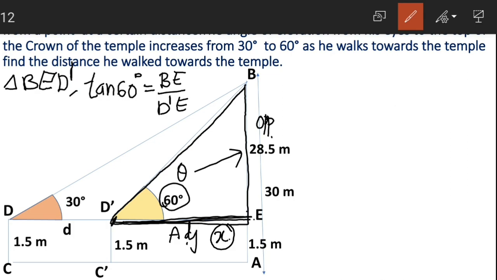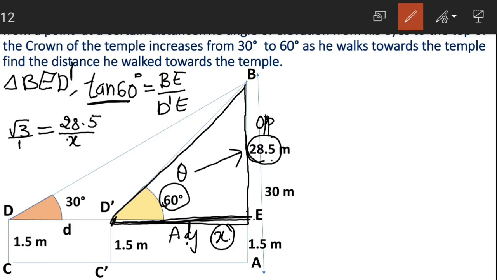Now tan 60 degrees value is nothing but root 3. So root 3 is equal to BE. We know that BE length is nothing but 28.5 meters, by D dash E. We don't know the D dash E value, so let it be x. Now root 3 by 1. Do the cross multiplication.